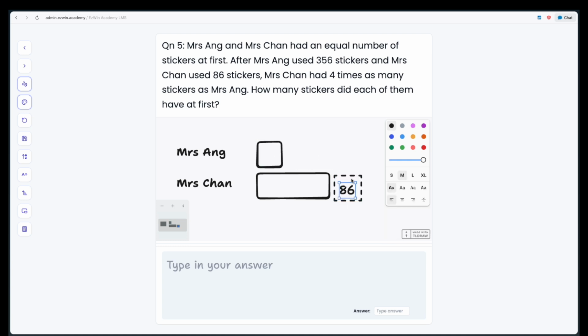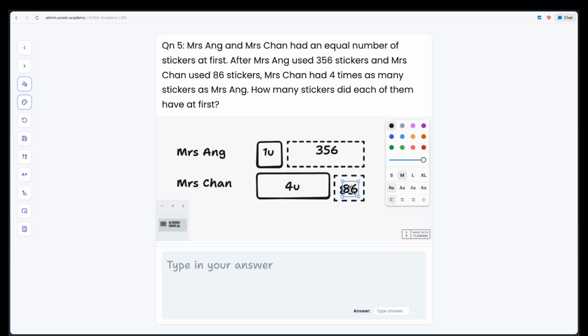So 356 is like this. Then that means Mrs. Chan had 4 times as many stickers as Mrs. Ang. So this will be 4 units, and this will be 1 unit. So how many stickers did each of them have at first?